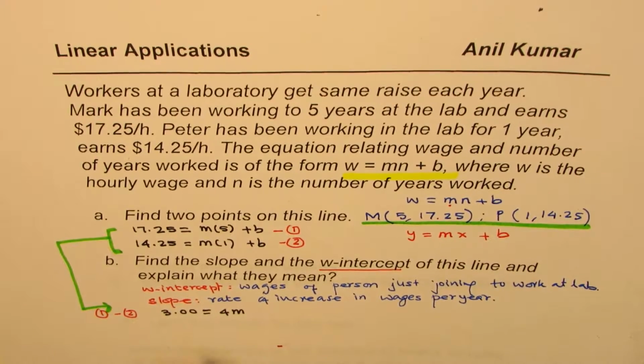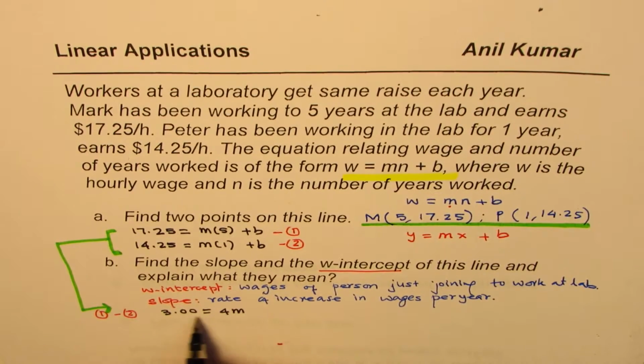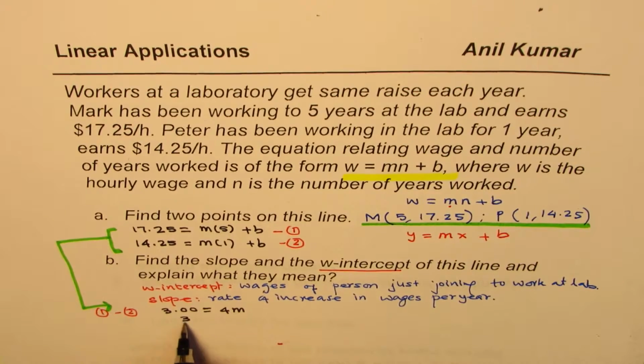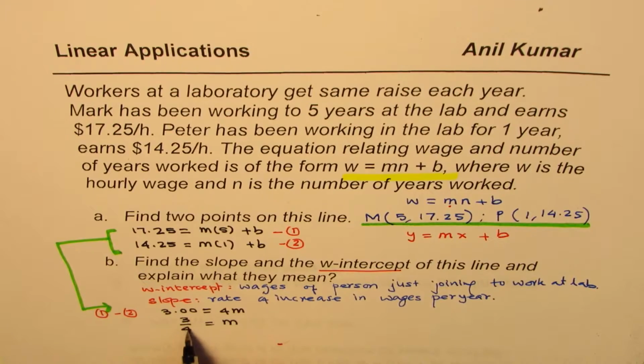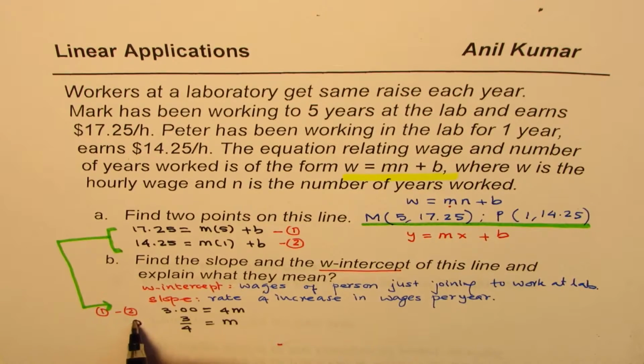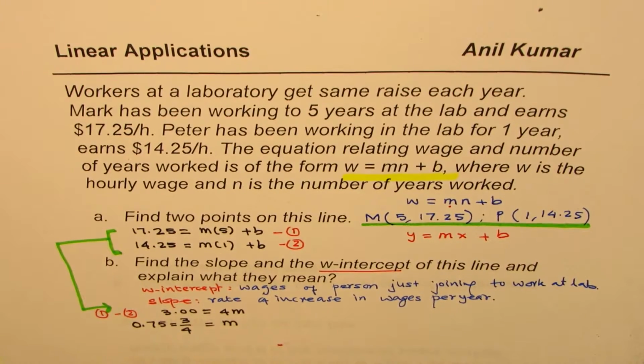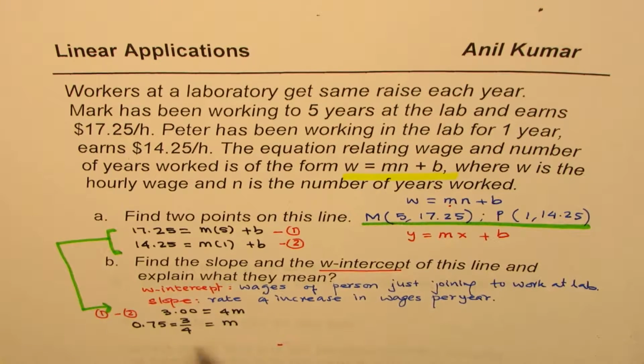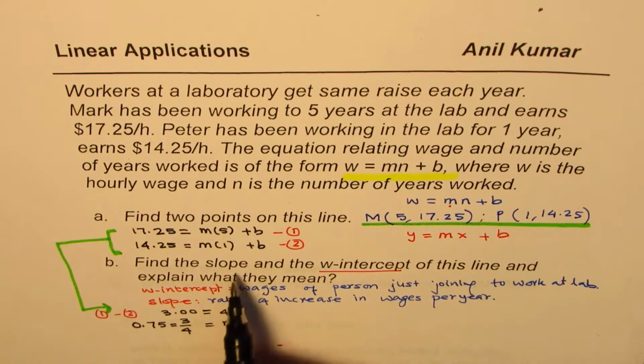Now we divide by 4 on both sides, so 3 divided by 4 equals m, and that gives 0.75. So the value is 3 over 4 or 0.75. We have found the value of m, and that is the slope.